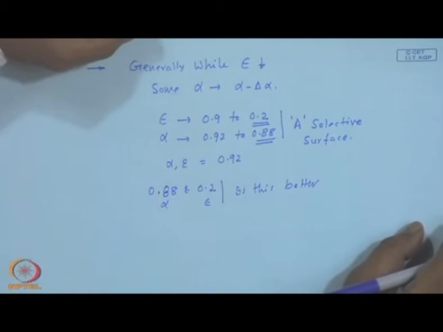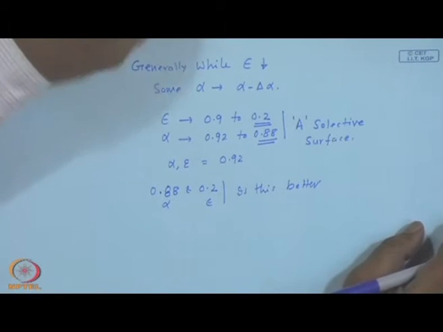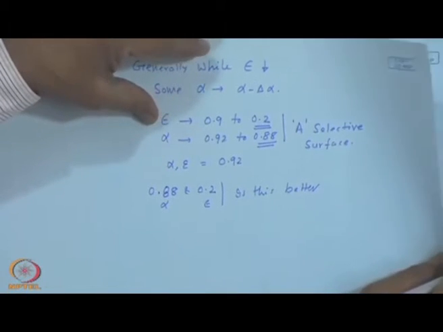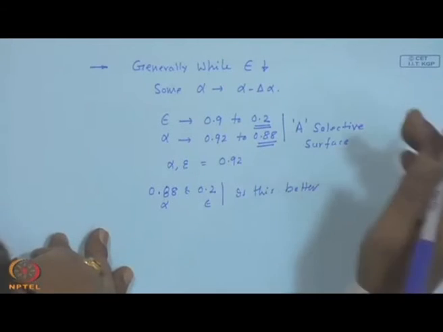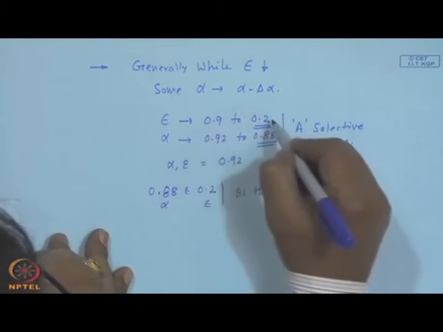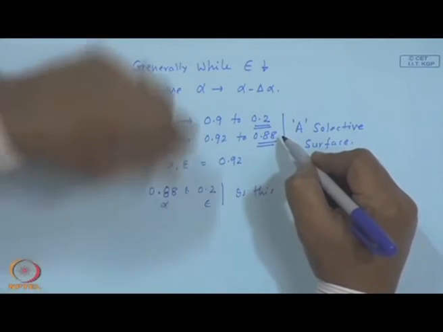Whenever you are producing a selective surface, there is some reduction in absorptivity also. Consequently, we have to estimate whether that reduction in the absorptivity is compensated by the reduction in the emissivity or not. At times it is tempting to think that 0.9 has gone down to 0.2, whereas 0.92 has gone to only 0.88.